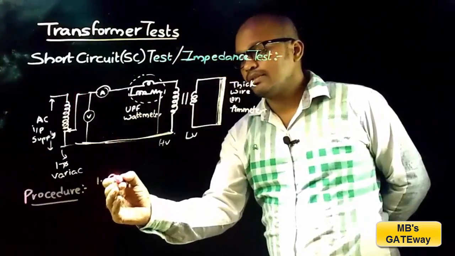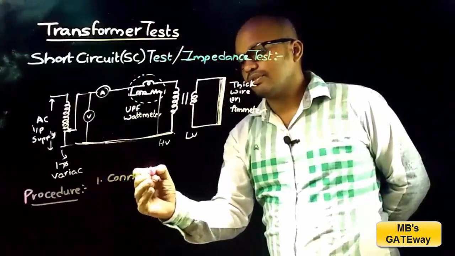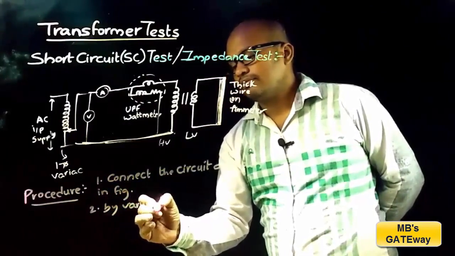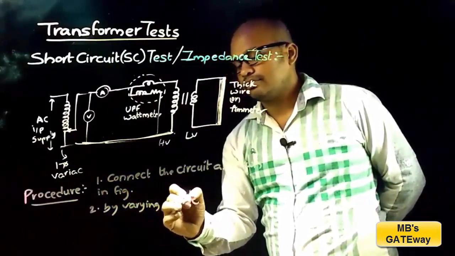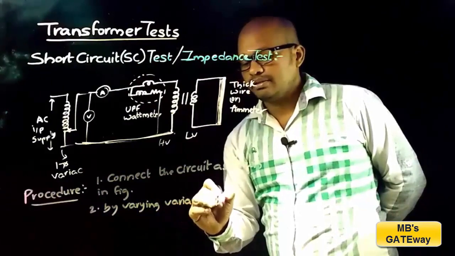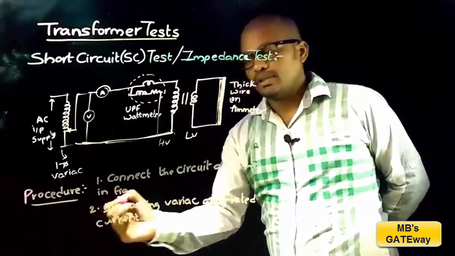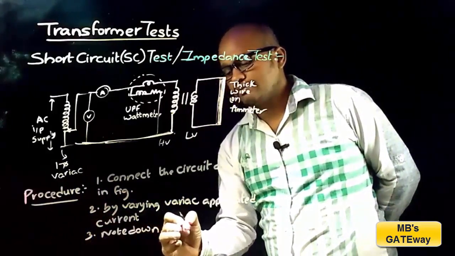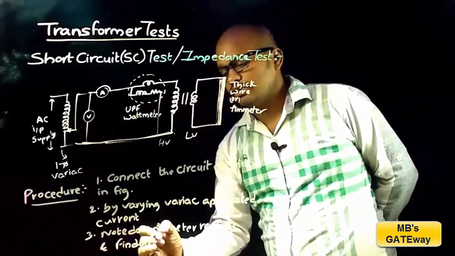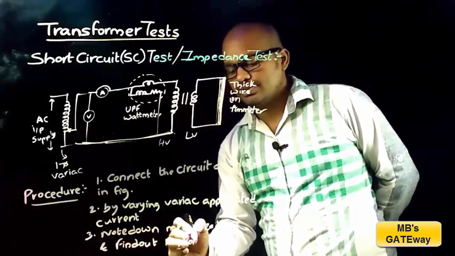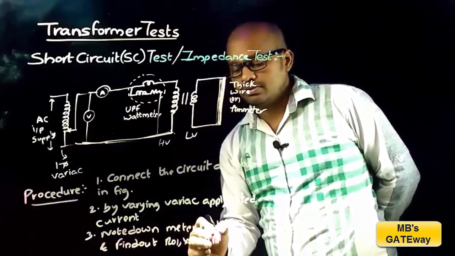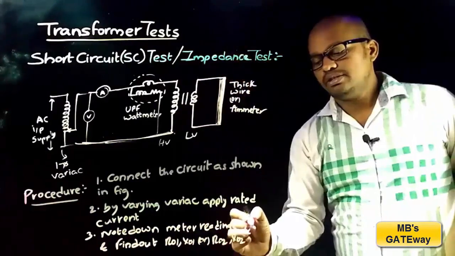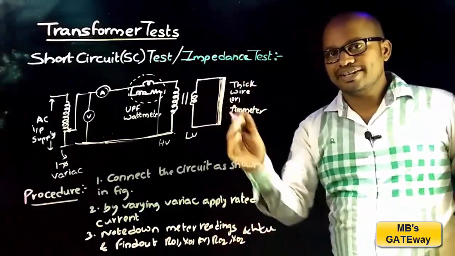Procedure: the first step is connect the circuit as shown in figure, the second step is by varying variac apply rated current, and the third step is note down meter readings and find out R01, X01 or R02, X02 and copper loss of the transformer.